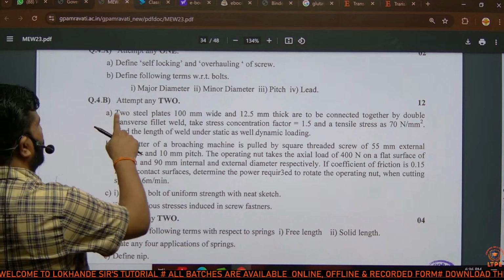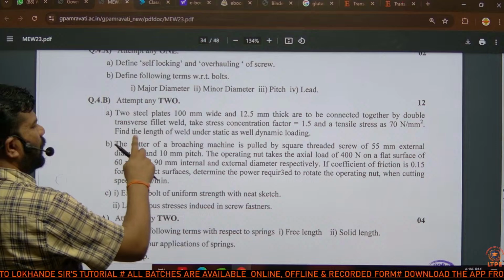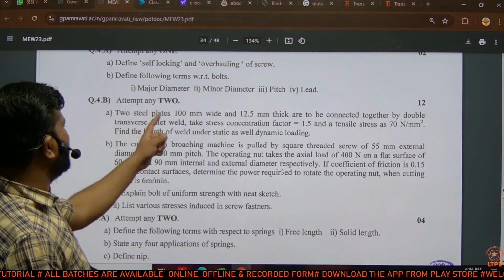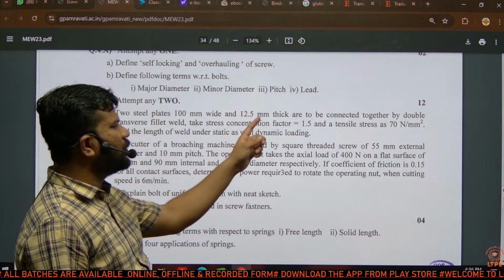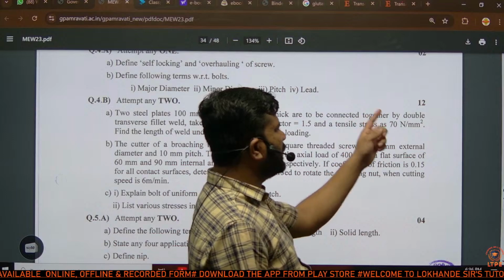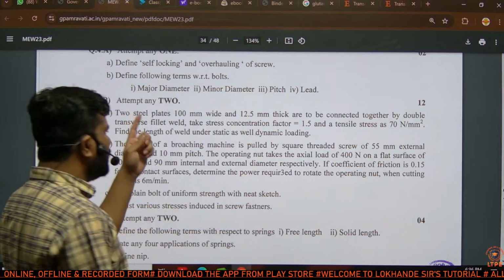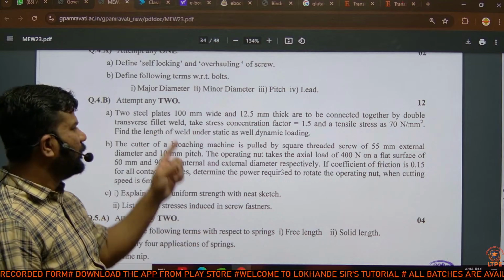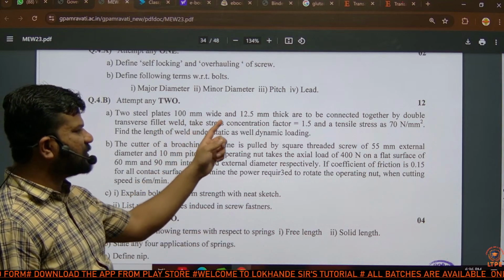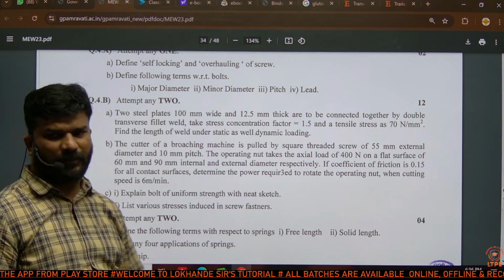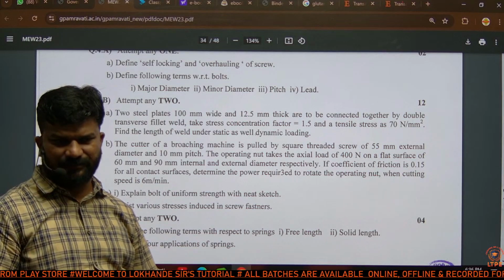So the first question depends on our welded joint. Two steel plates 100 mm wide and 12.5 mm thick are to be connected together by double transverse fillet weld. Take stress concentration factor 1.5, means which loading, fatigue or static?